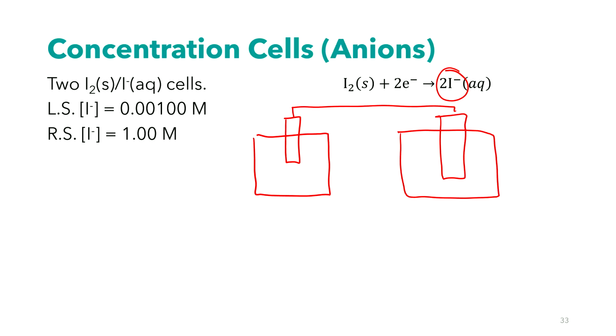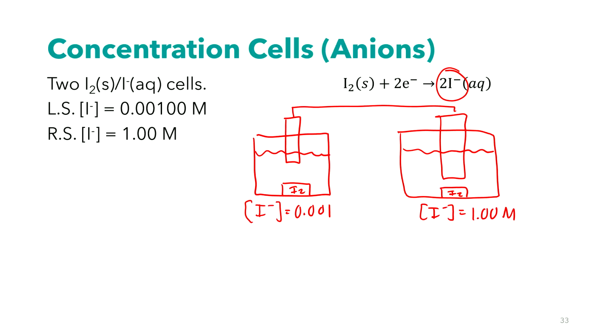So this is some other electrode. I've got a chunk of I2 sitting at the bottom here. And I've got I minus on the left side, and this is my dilute side. Over here, this is my concentrated side.